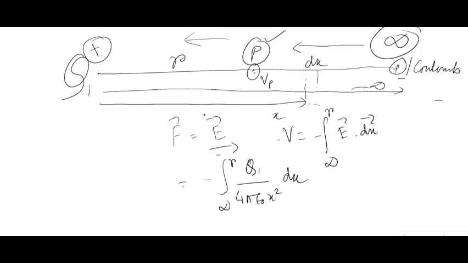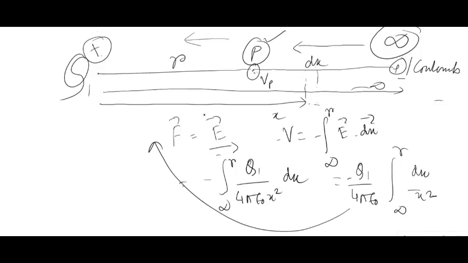So what is the value? As Q1 divided by 4 pi epsilon 0 is a constant, taking it outside of the integration, minus infinite to r dx by x square. তো এই ইন্টিগ্রেশনের রেজাল্টটা দাঁড়াবে Q1 divided by 4 pi epsilon 0 minus 1 by x, infinite to r.